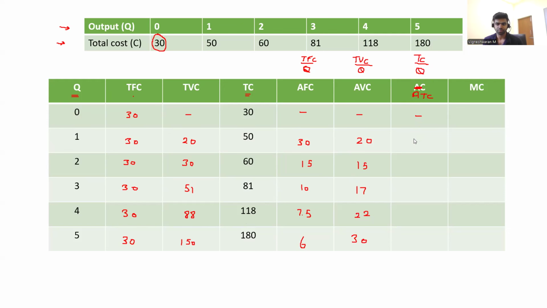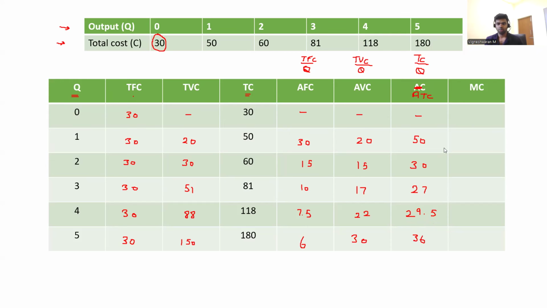Then for this, it is what? 50 by 1, it is 50, 60 by 2, 30, then 81 divided by 3, so it will be 27, then 118 divided by 4, 29.5, 180 by 5, it is 36.